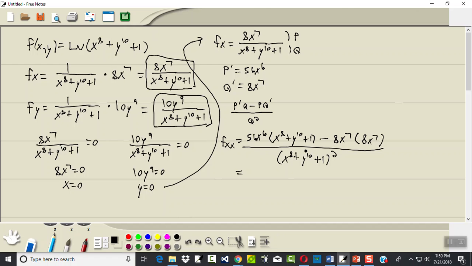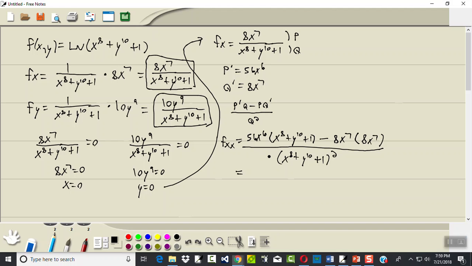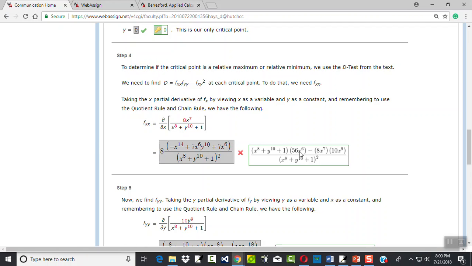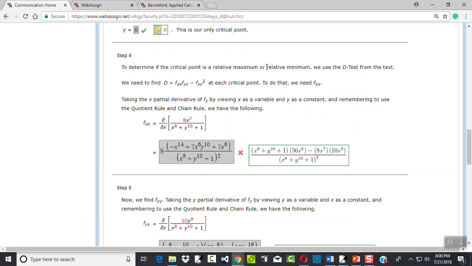Let's see how far they simplify that. x to the 8th plus y to the 10th plus 1 times 56x to the 6th minus 8x to the 7th, 10x to the 9th.